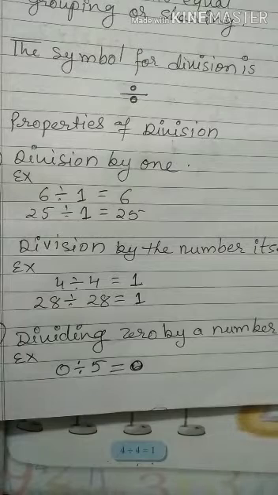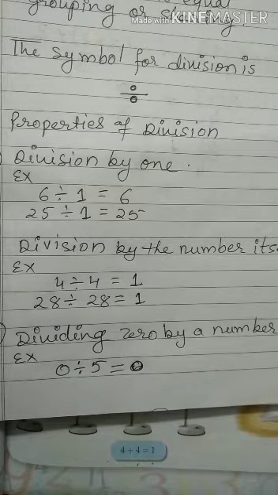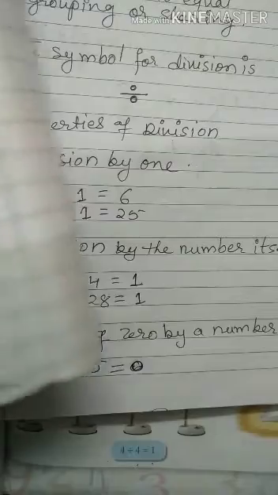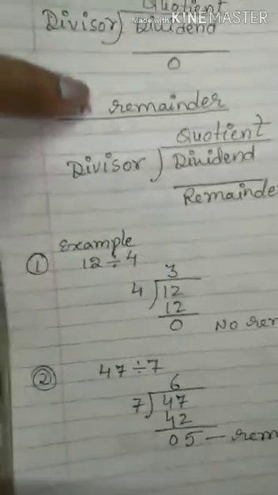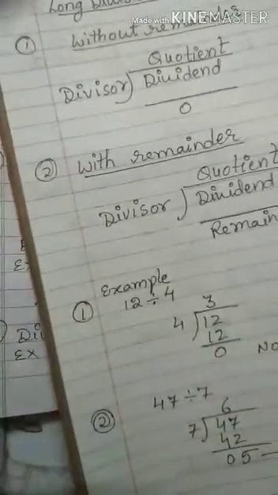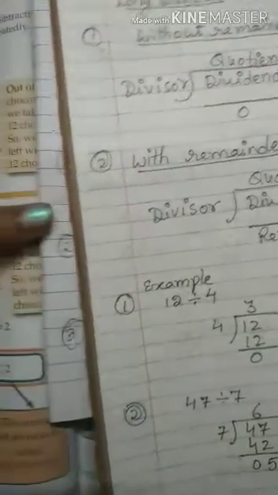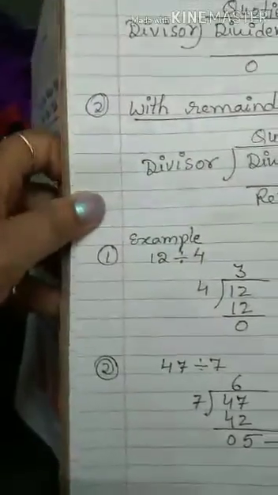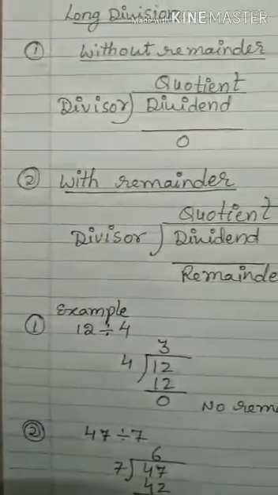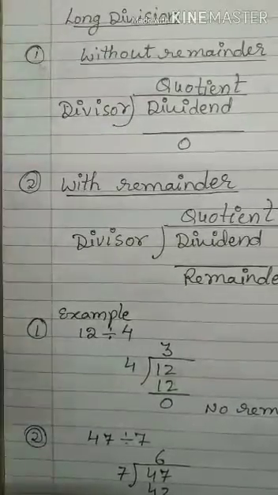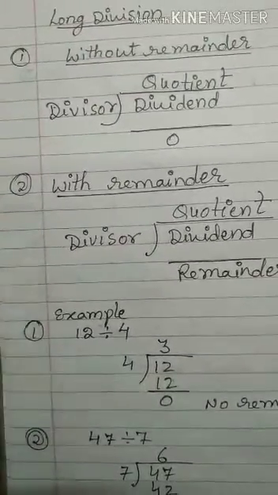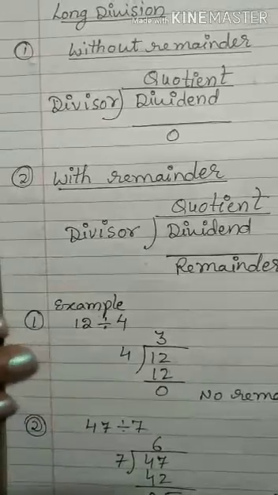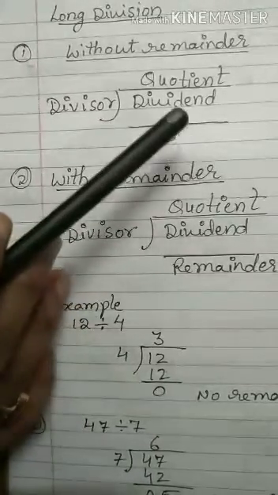Now I will explain the long division method. In this method, first I want to explain long division without remainder and with remainder. Without remainder, look here: dividend.